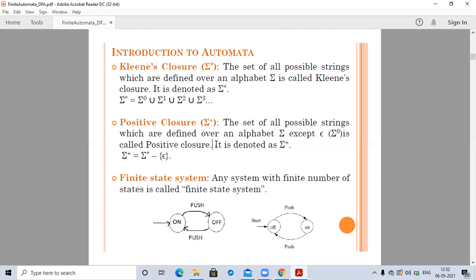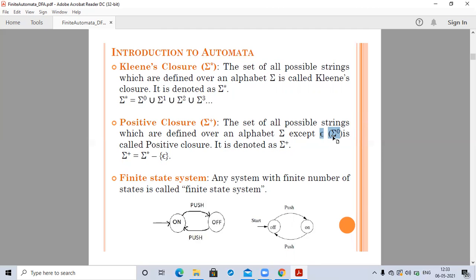And coming to the other term, positive closure. The positive closure is denoted as sigma power plus. Power plus is indicating positive closure. Star is indicating Kleene's closure. So here the positive closure is the set of all possible strings which are defined over an alphabet except epsilon. What is that epsilon? Epsilon is sigma power 0.